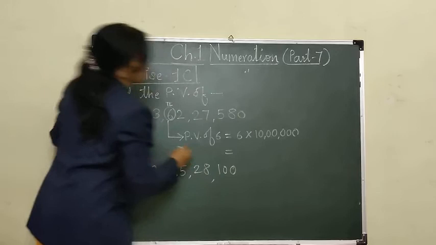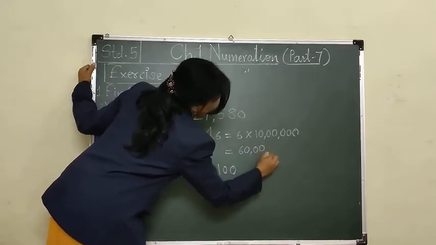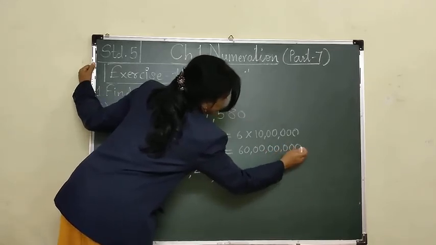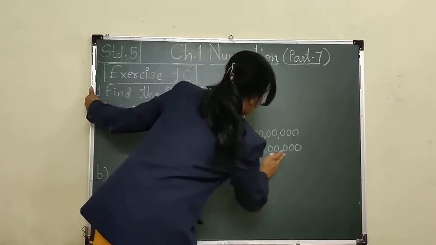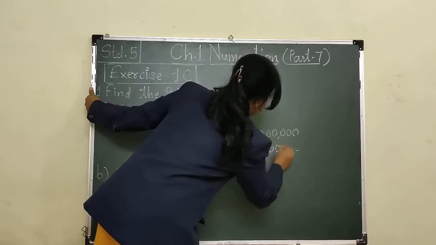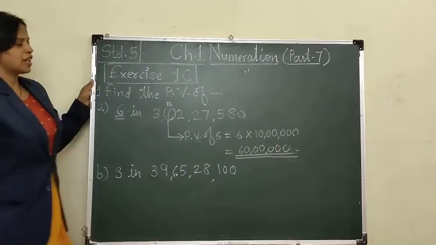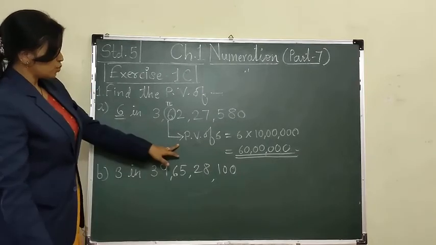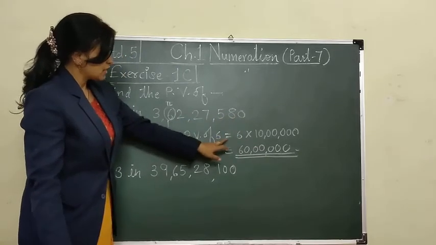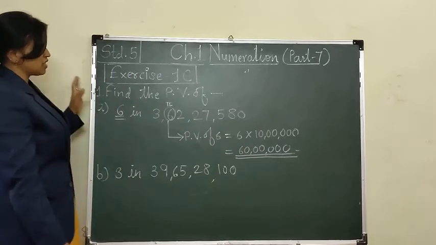So what will be the place value? 6 into 10 lakh, that is 60 lakh. Try to understand, place value means digit into the value of that place. So 6 is the digit, 6 into 10 lakh, that is 60 lakh. This is the place value of 6.